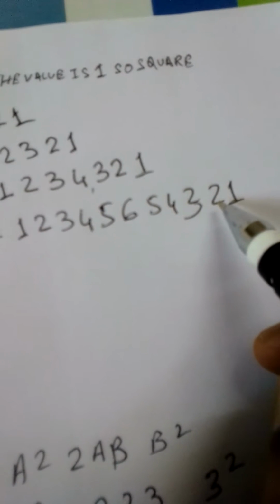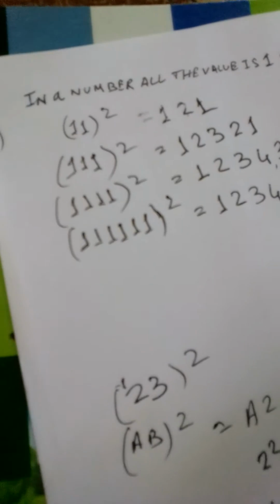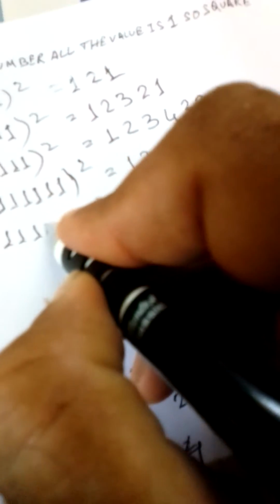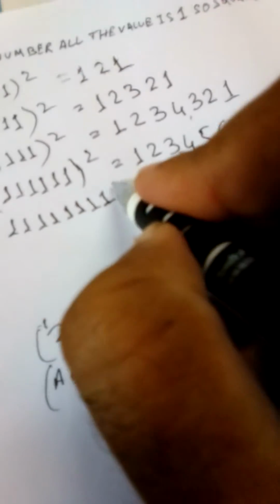So if all the digits are 1, the square of those numbers will be very simple. Let's take an example of another number which has 8 ones.